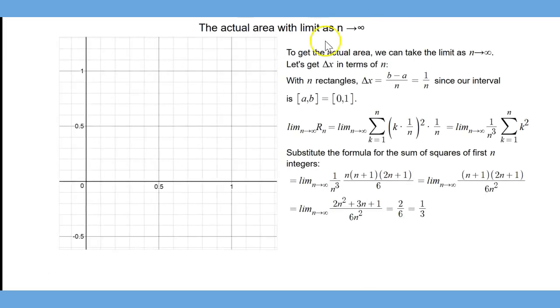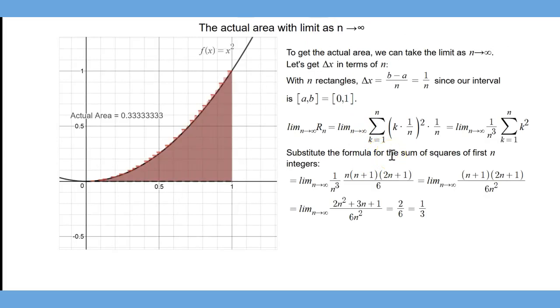So we're saying that as n goes to infinity, if we look at the limit, this sum is going to approach the actual area. So again, let's look at what we got when we substituted that sum with this formula. If we look at the limit as n goes to infinity of these right-hand endpoint estimates, I substitute R sub n with this summation.